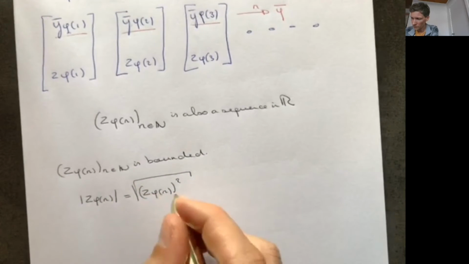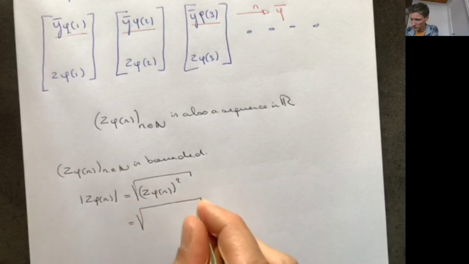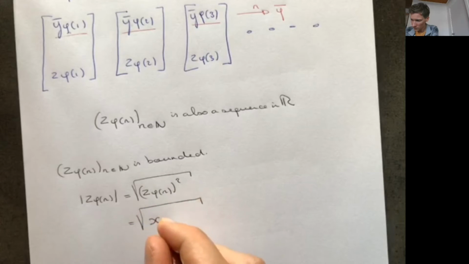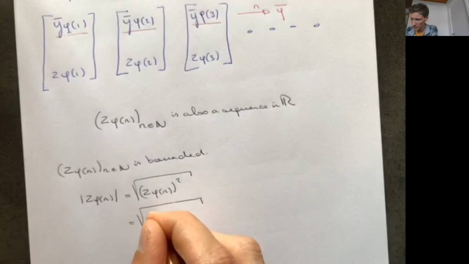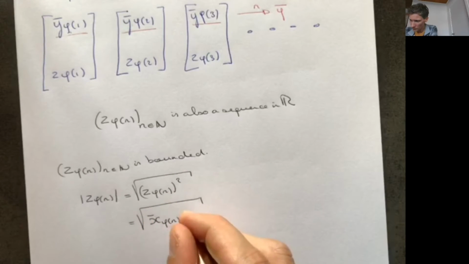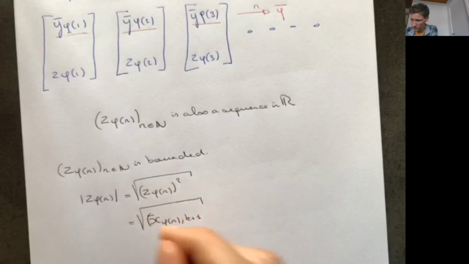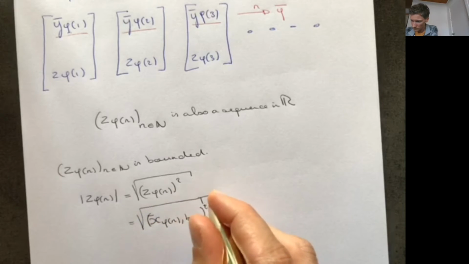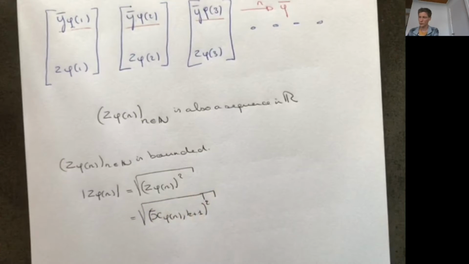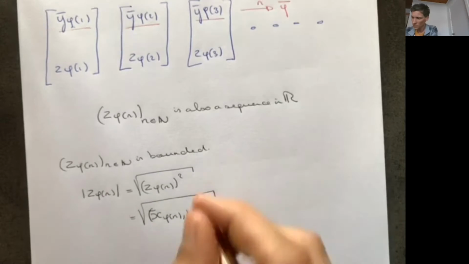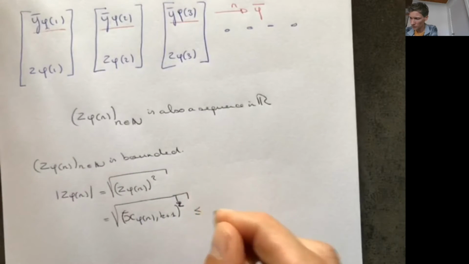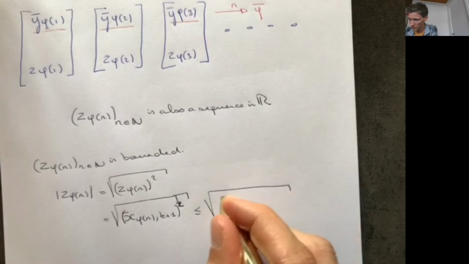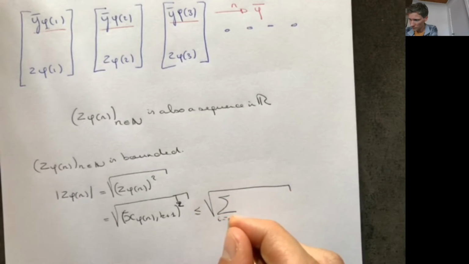In particular, z phi n is, remember, the phi nth vector x, and then we took the k plus 1th element. So if phi is equal to 10, then you have x 10 k plus 1. Then we square it, and then we take the square root. This is of course smaller than if I would take the square root of the sum of all the x's.